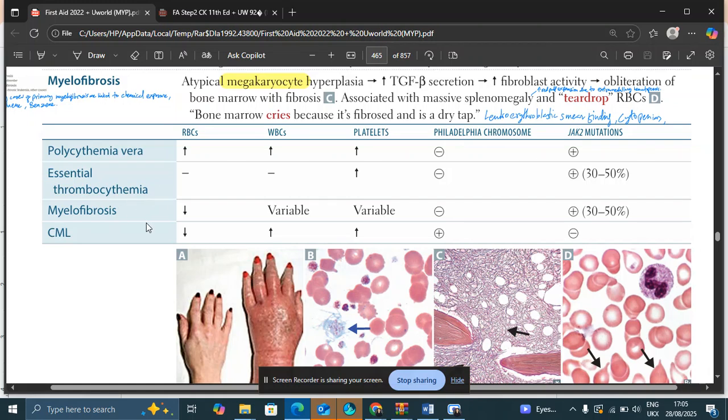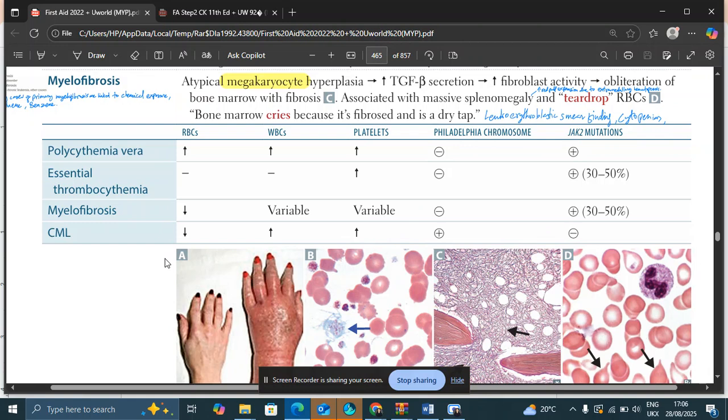Myelofibrosis: fibrosed bone marrow, decreased RBCs, platelets and WBCs variable. Philadelphia chromosome negative, and the JAK2 mutations are positive in 30 to 50% of the patients. CML: RBCs decreased, WBCs increase, platelets increase. Philadelphia chromosome is positive and JAK2 mutations negative.